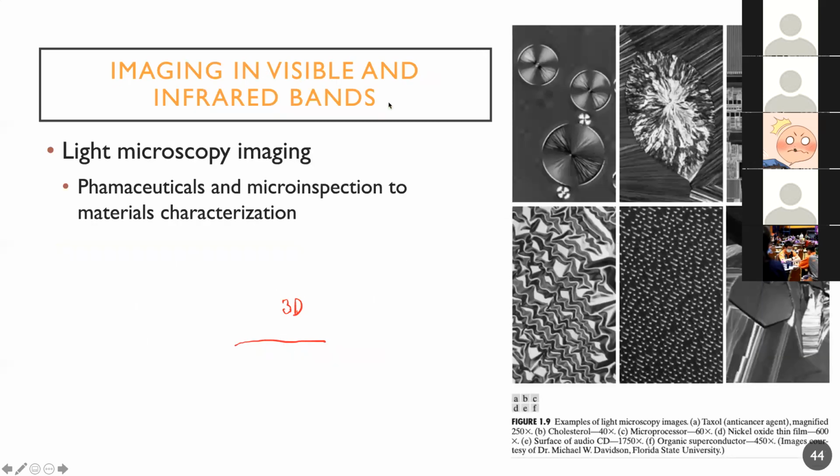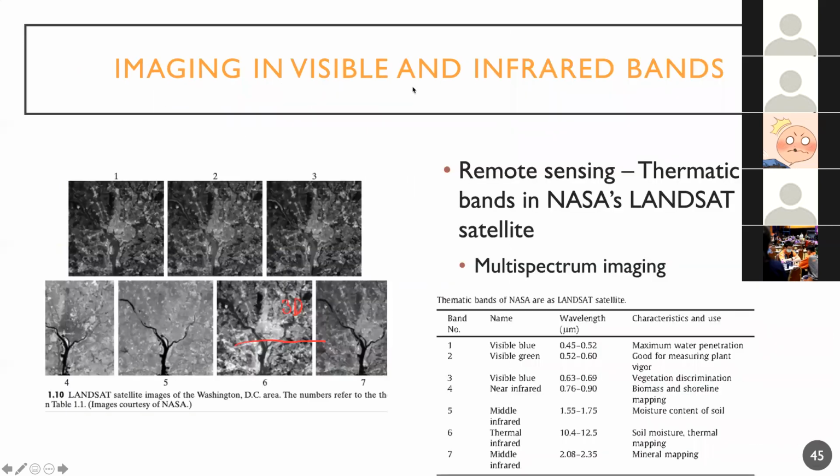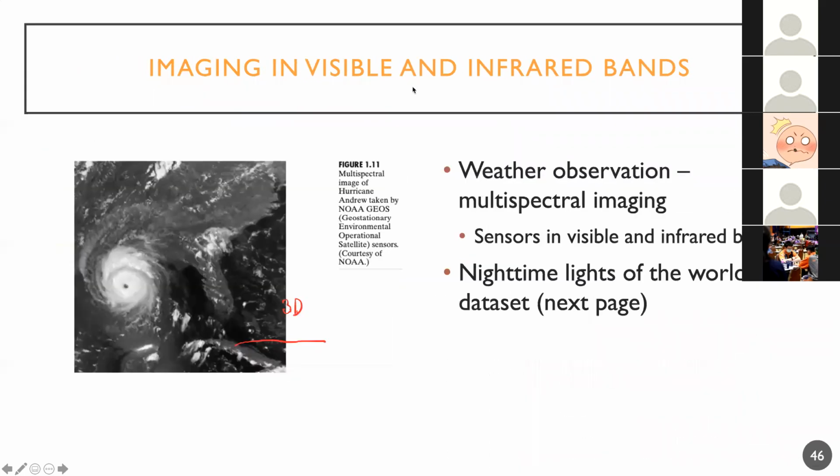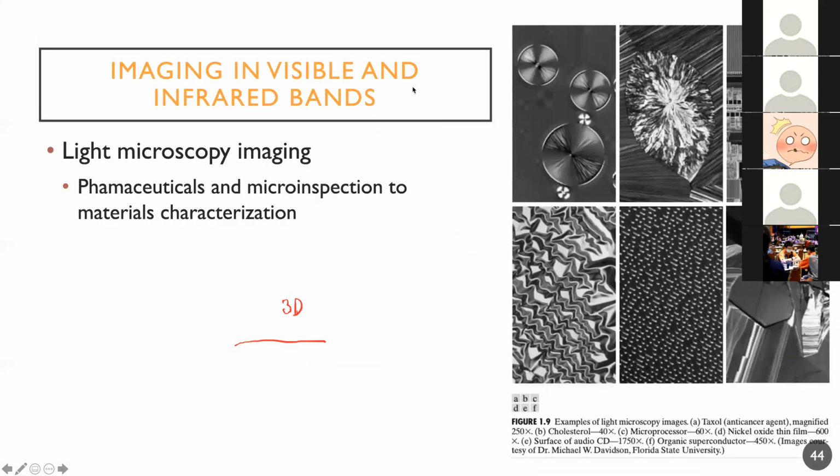The next one is quite familiar to us because it is the visible band already. With the visible band, we'll talk about the license plate as well. I think there's some slide later on. But you'll see we combine the visible band with the infrared because they work quite well together. Sometimes they use both bands together to inspect components and things.